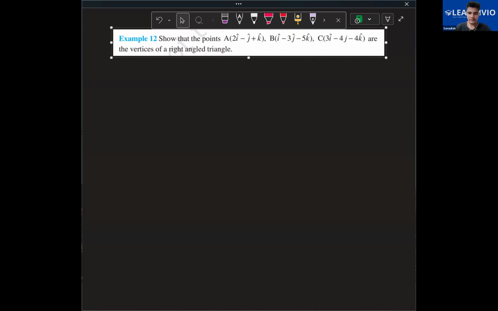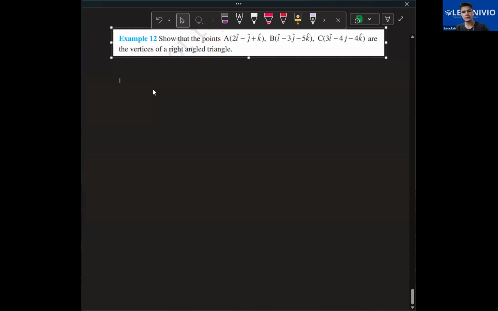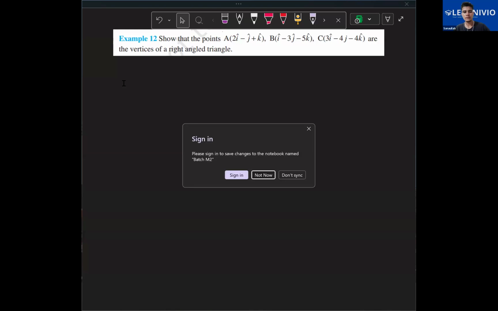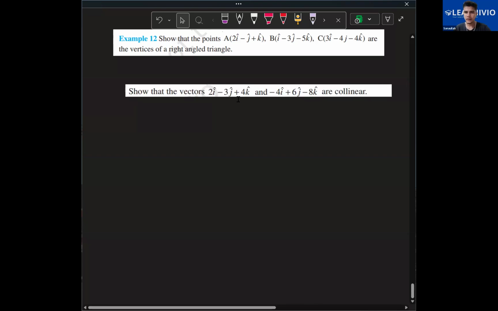See, you have this question. It says show that the vectors 2 i cap minus 3 j cap plus 4 k cap and this vector are collinear. How will you prove this?